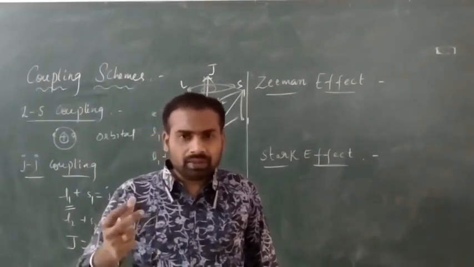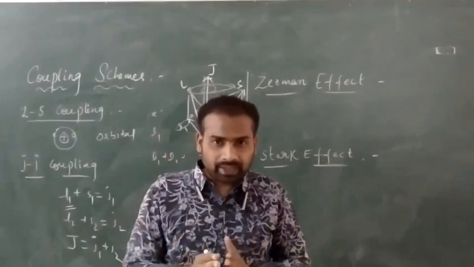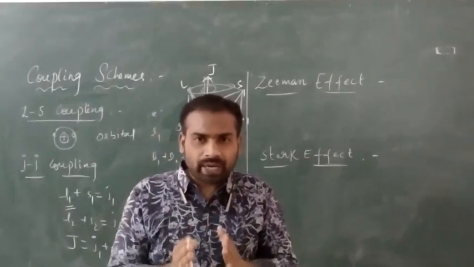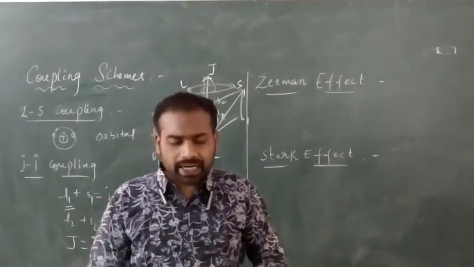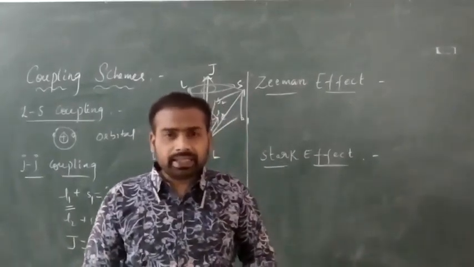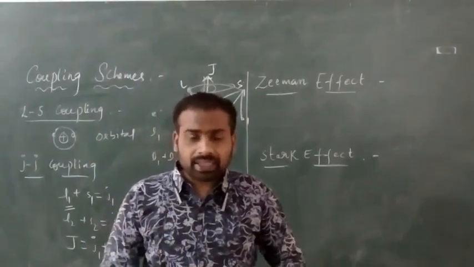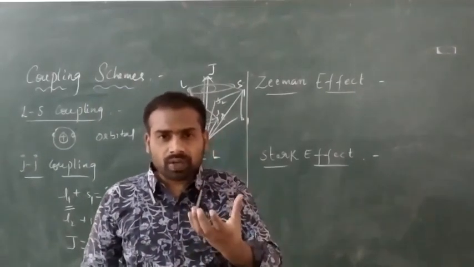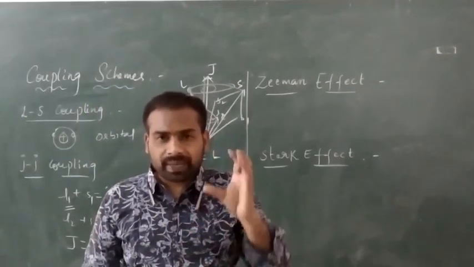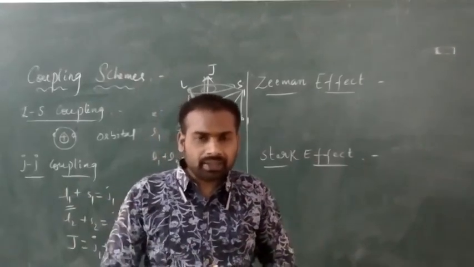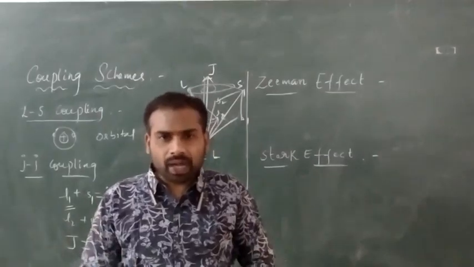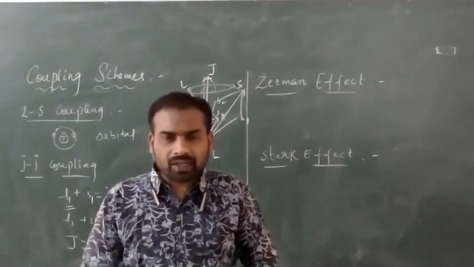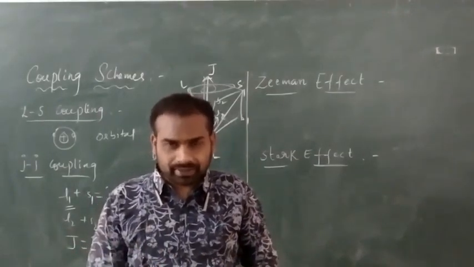So when this source of light is placed in a magnetic field, what happens? In the year 1896, Zeeman discovered that when a source of light is placed in a magnetic field, the line spectrum will be split into a number of spectral components or spectral lines.